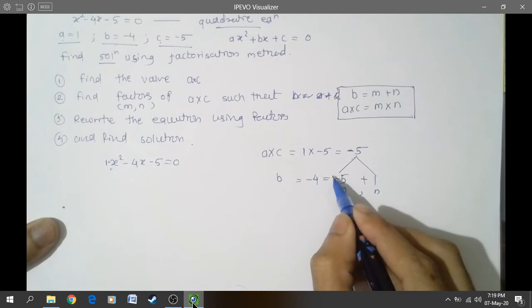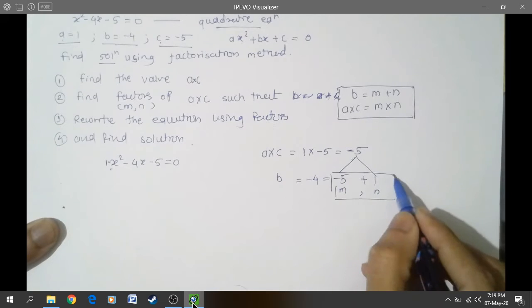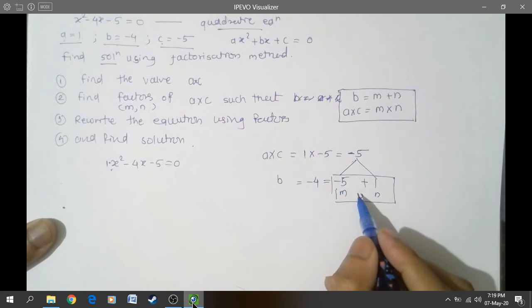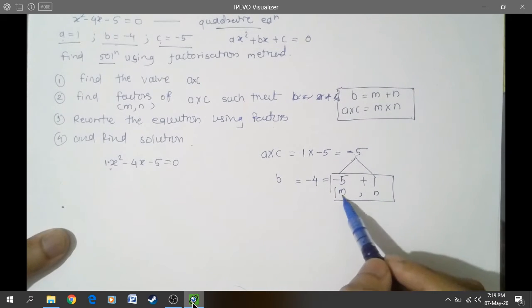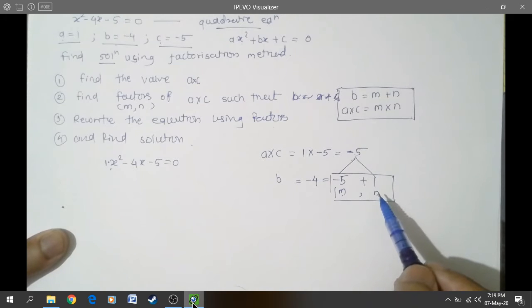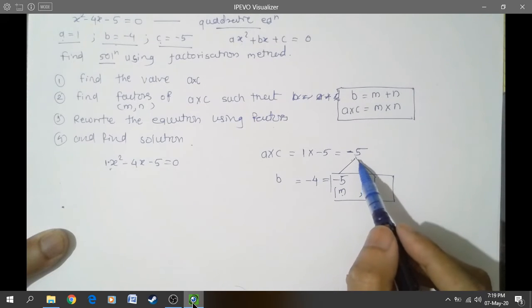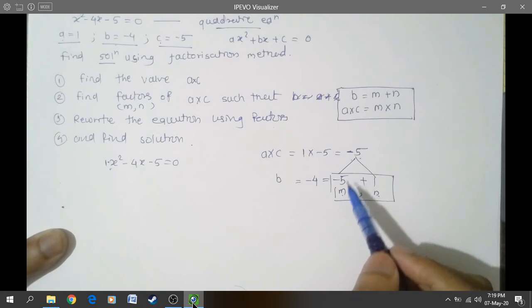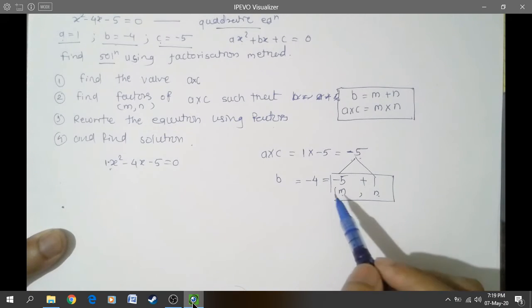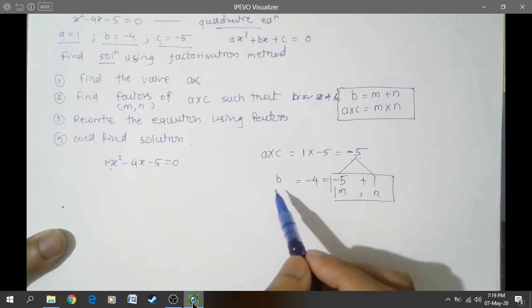This is the main part of the factorization method. We have to find these values. What are these values and how to find them? We have to find the values m and n, which are factors of a into c, which is minus 5 in this case, and the addition of these m and n should come b.